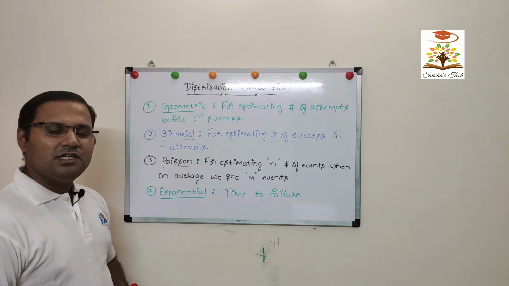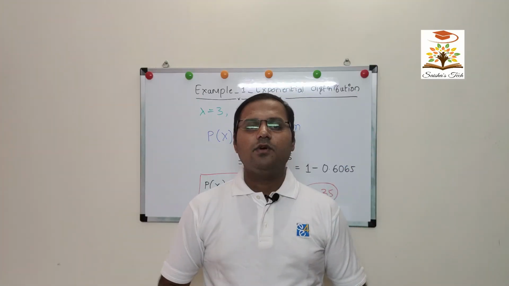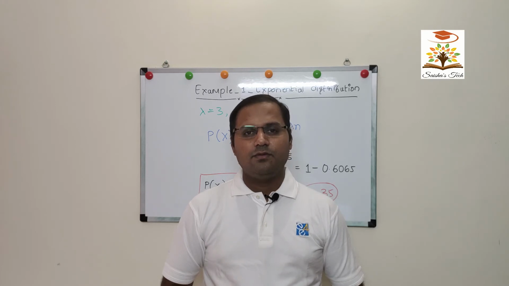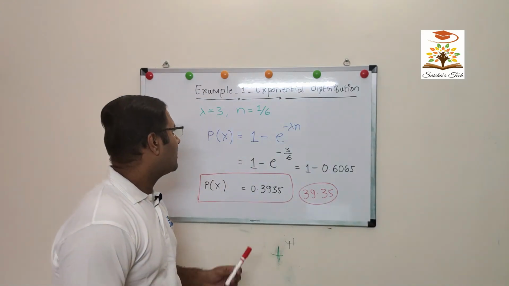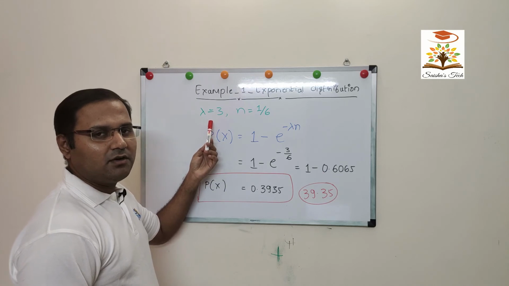Now let us understand the exponential distribution with examples. We want to analyze a person's visit on a website. We have observed on average 3 persons visit in an hour. Now we want to understand the probability that a person will visit the website in the next 10 minutes. To solve this problem, lambda is equal to 3, that is 3 persons visit the website on average in an hour.